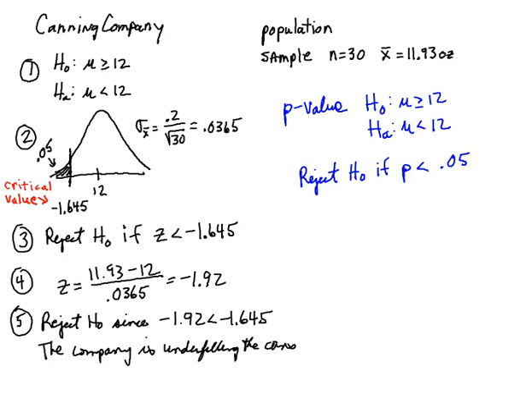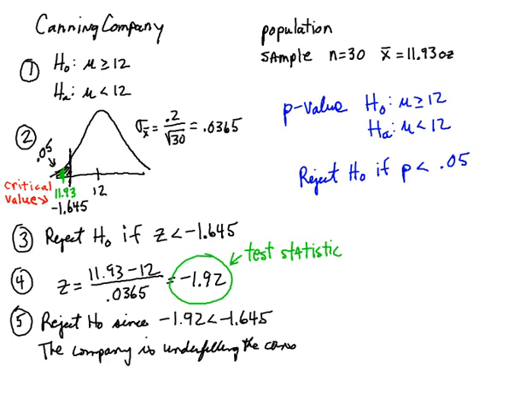Now, the p-value that I'm looking for is associated with the 11.93. So if I look at the test statistic for the 11.93, I've already calculated that as a negative 1.92. That being less than the negative 1.645 critical value means that the 11.93 was to the left of the decision line here.